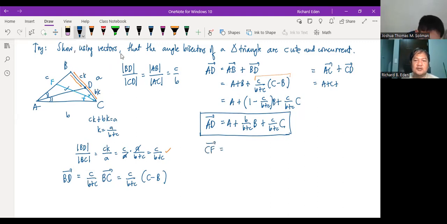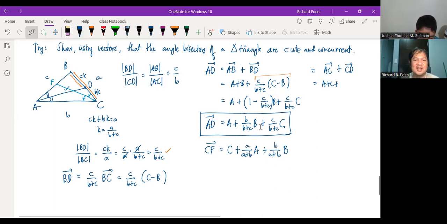Okay, CF should be C plus, and then something multiplied to A and B. Tapos, these should be fractions with denominators A plus B and respective numerators small a and small b.